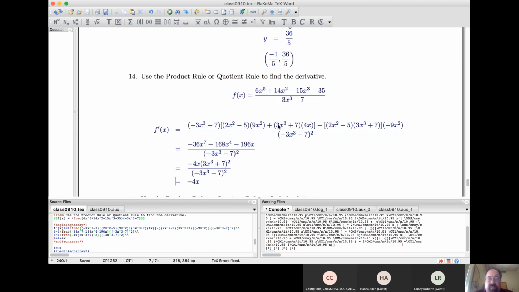Okay, so this is a strange one involving the quotient rule.